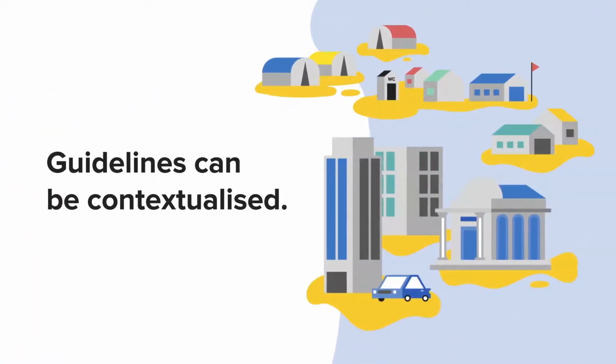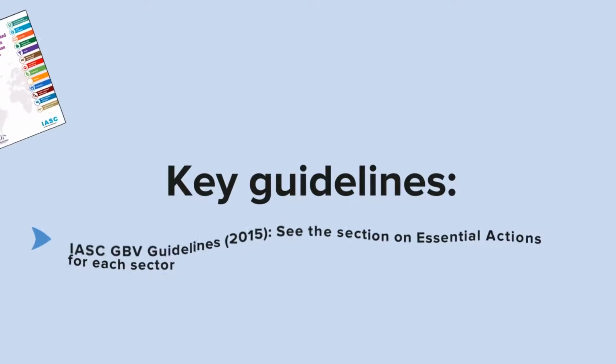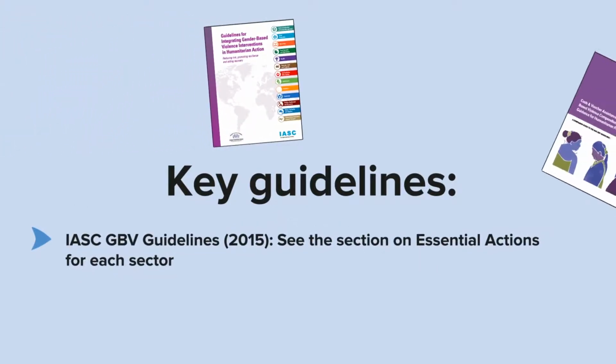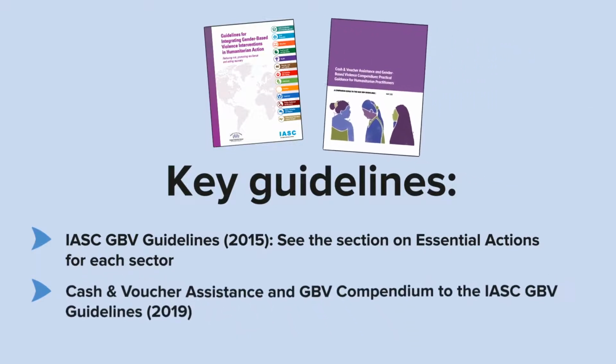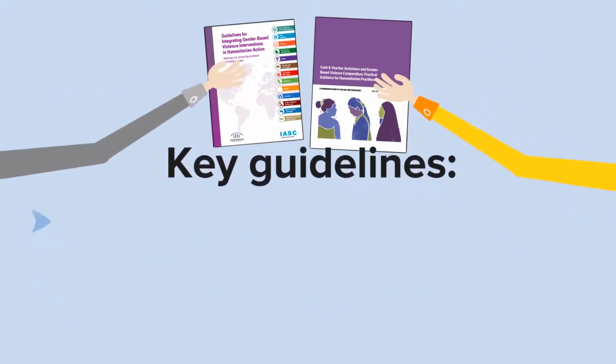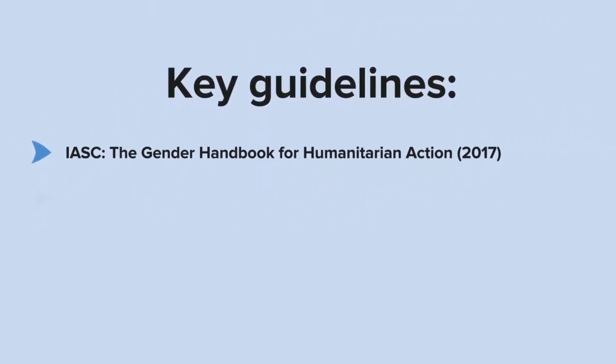Guidelines can be contextualized. Key guidelines to assist you with mainstreaming GBV risk mitigation include the IASC GBV Guidelines. See the section on essential actions for each sector. The Cash and Voucher Assistance and GBV Compendium to the IASC GBV Guidelines. The IASC Gender Handbook for Humanitarian Action.